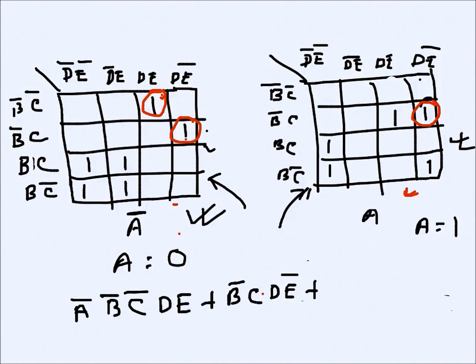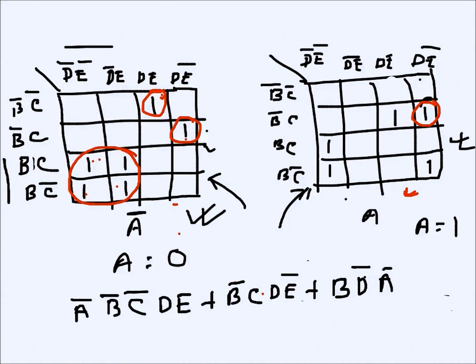Now coming back to these 4 here, they can be grouped together. So this goes like that. Now this one's expression will be B in this direction, and D bar in this direction, and of course A bar, because it is not in A, so A bar has to come here.